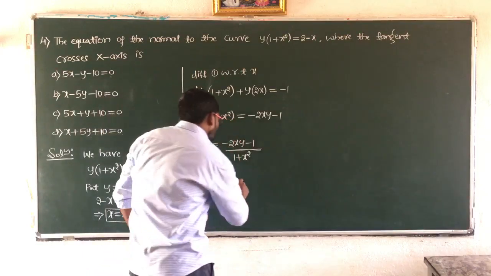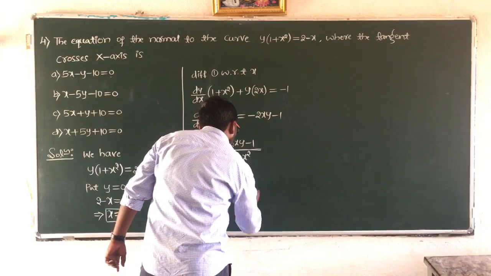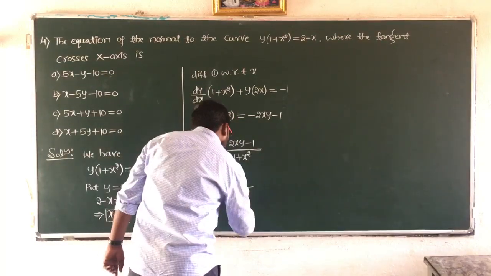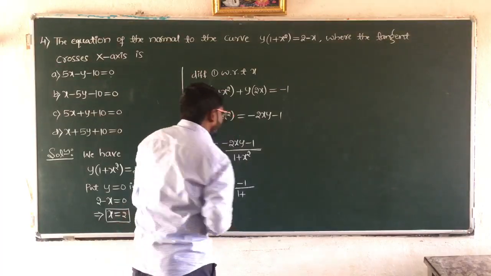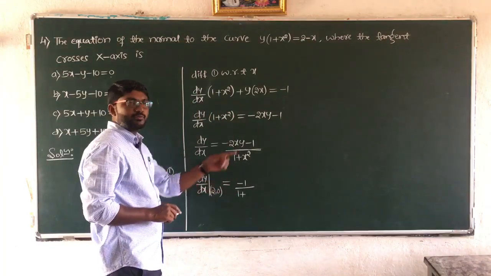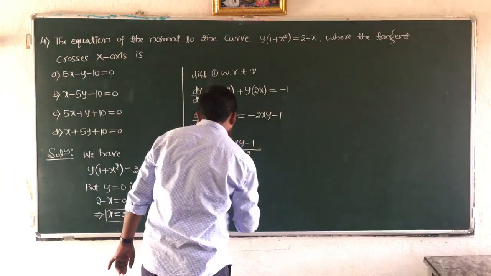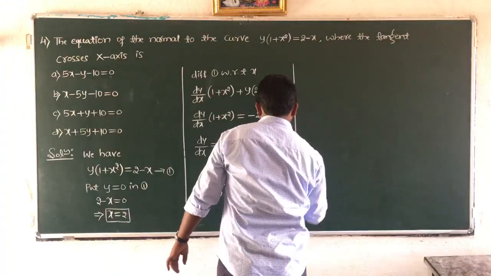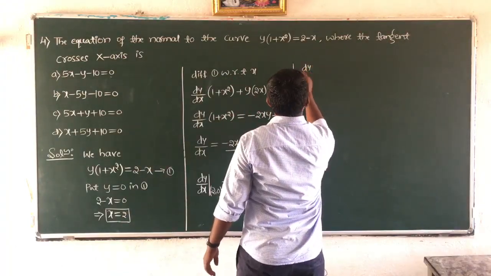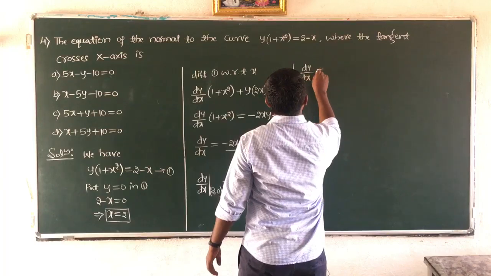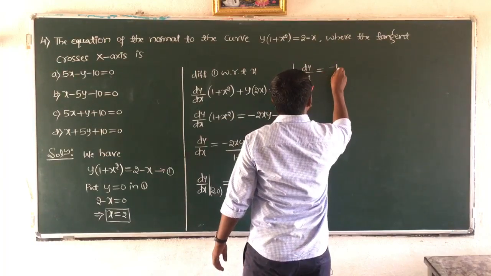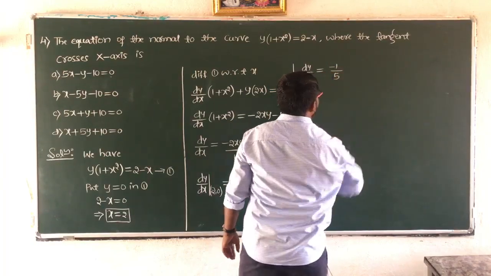So that means we get only minus 1 in the numerator divided by 1 plus x square, x value is 2, 2 square will be 4. So we get 5. So now dy by dx is equal to minus 1 divided by 5, minus 1 by 5.